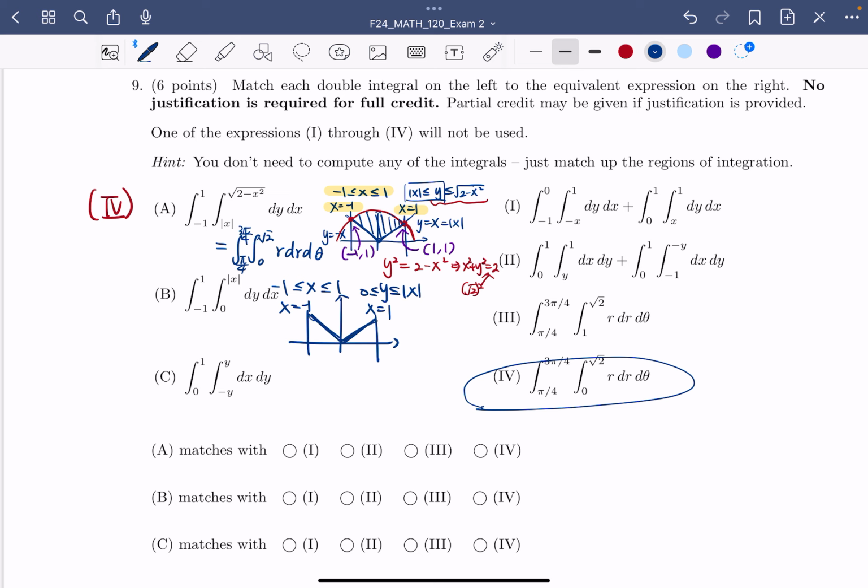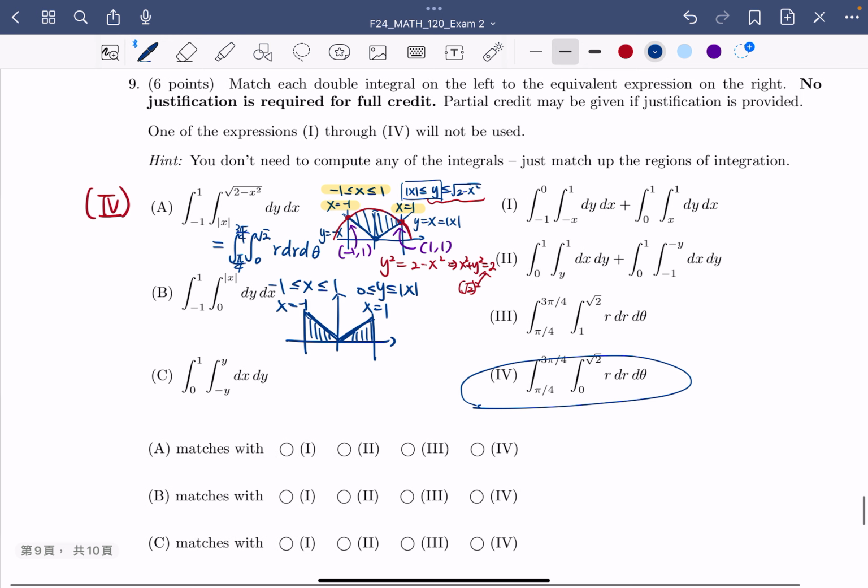So here, we're integrating over here. Thus, if we interchange the order of integration, then we get, let's start with dx.